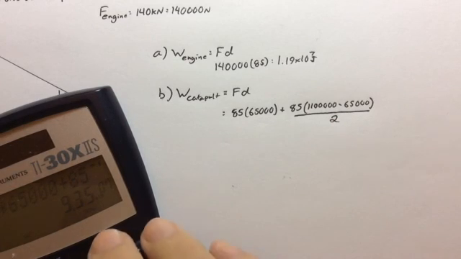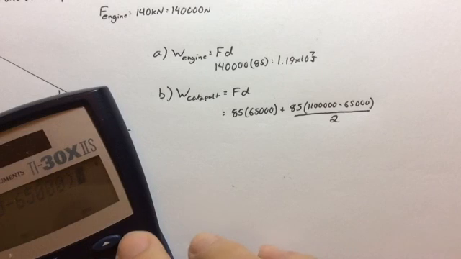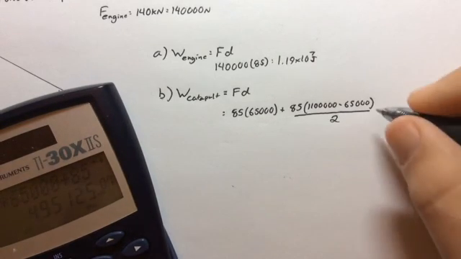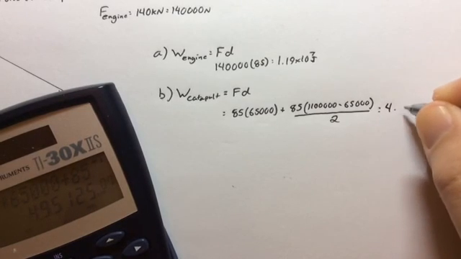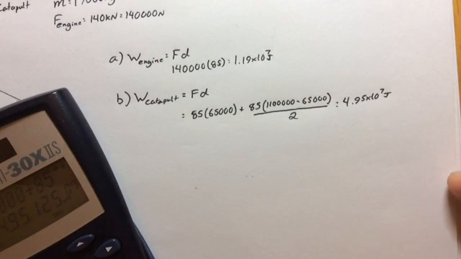Let's go back up to my calculator. Whoops, I forgot to divide that by 2 because I'm actually talking about the triangle. My actual number is 4.95 times 10 to the 7th joules. And 4.95 times 10 to the 7 joules rounds nicely to 5 times 10 to the 7 joules. That would be an acceptable answer for my homework.